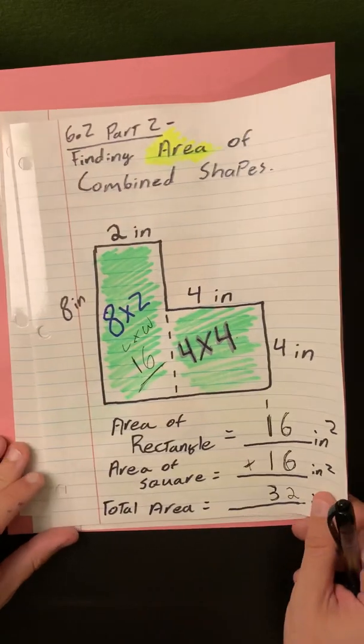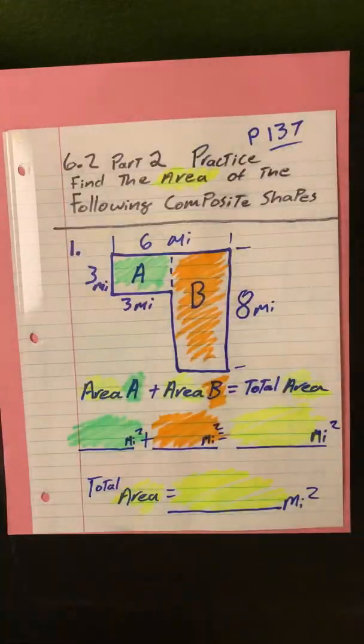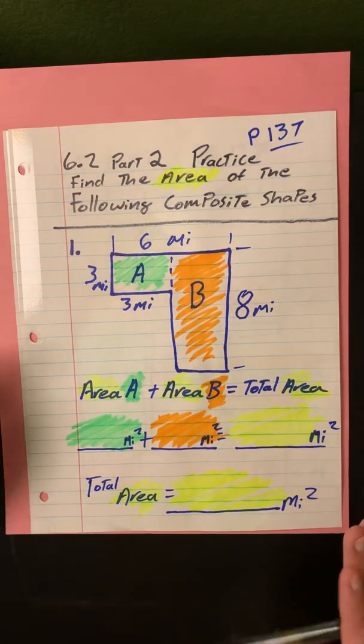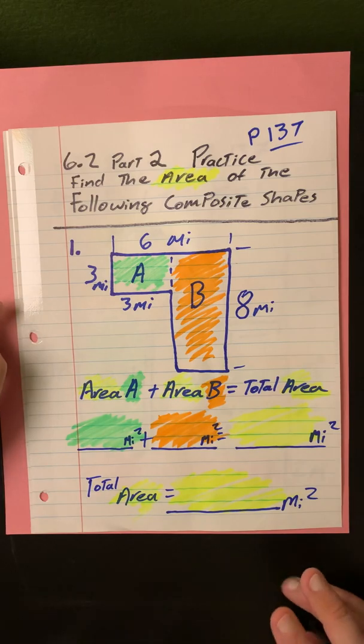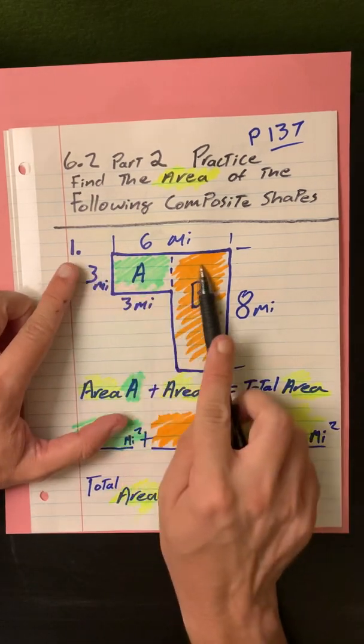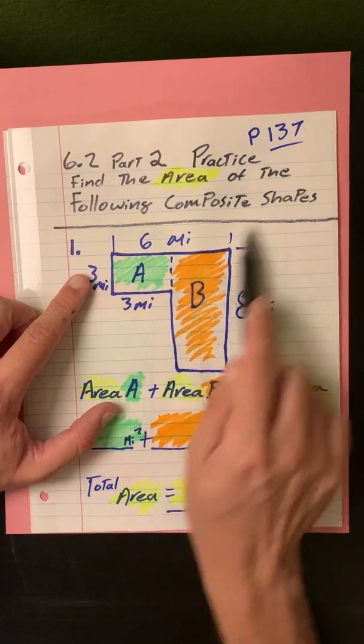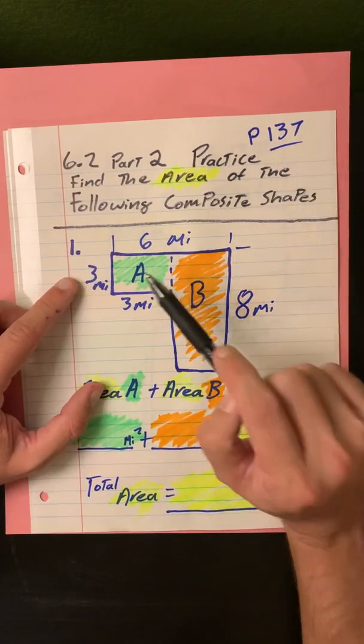Okay, got 2 practice models for finding the area of these composite shapes. First one, we have this L shape, and I've broken it up into 2 squares. This is found on page 137 of your math book.